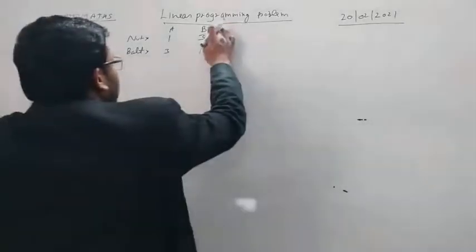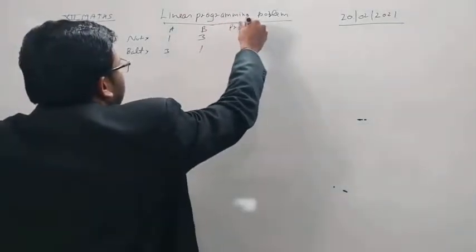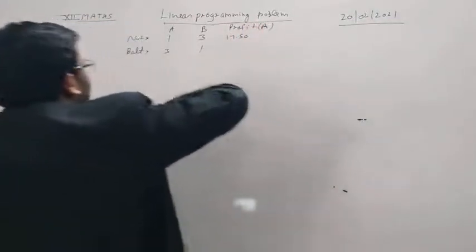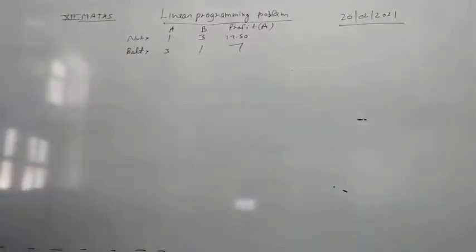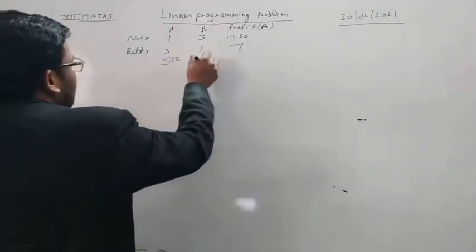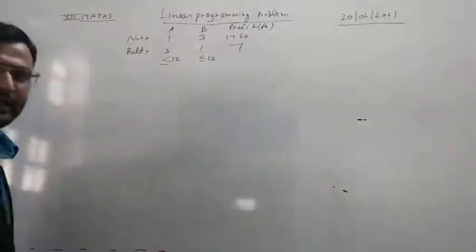So here we are mentioning the profit, students: 17.50 rupees on nuts and 7 rupees on bolts. The question says: how many packages of each should be produced each day so as to maximize profit if he operates his machines for at most 12 hours a day. So these machines are working at most 12 hours in a day.